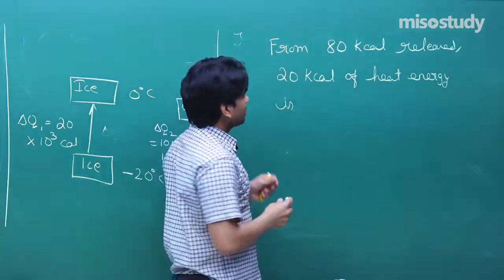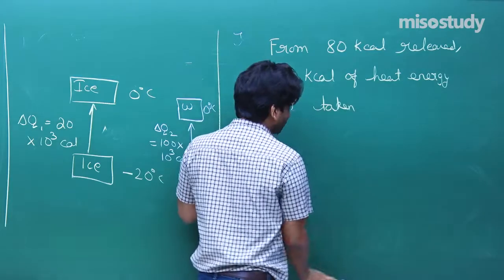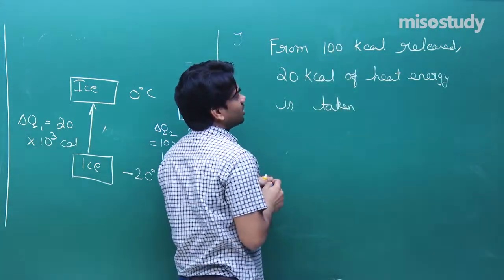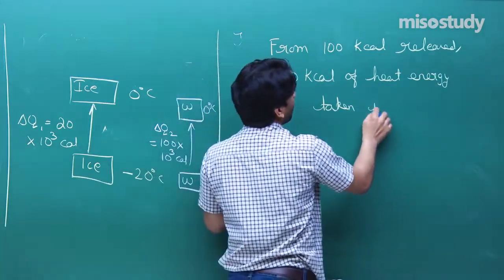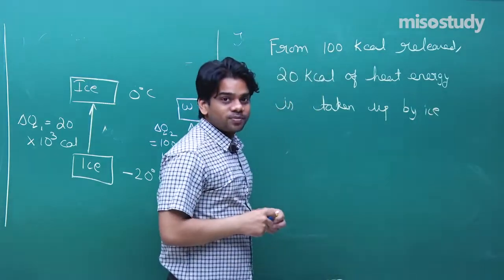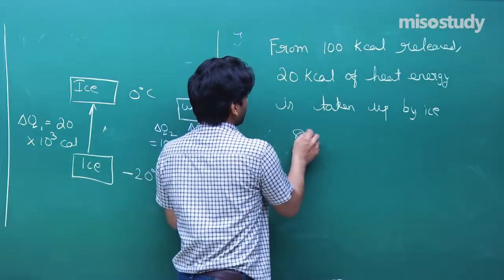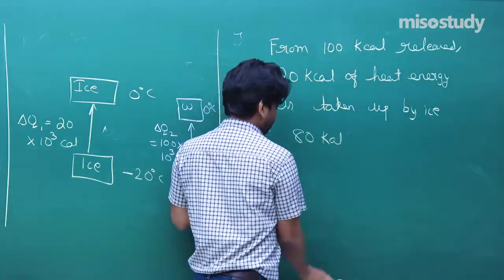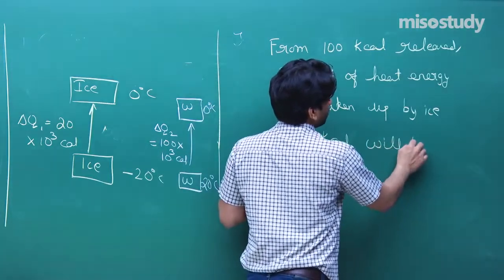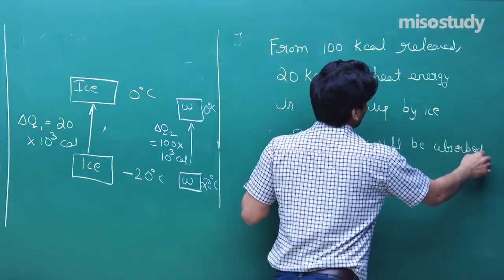It was 100 kilocalorie energy released, sorry, I wrote 80, I was regularly saying 80. 20 kilocalorie of heat energy is taken up by ice. Finally, 80 kilocalorie is left over, that will be used in further melting. So therefore, 80 kilocalorie will be absorbed by ice at 0 degree Celsius to convert into water.